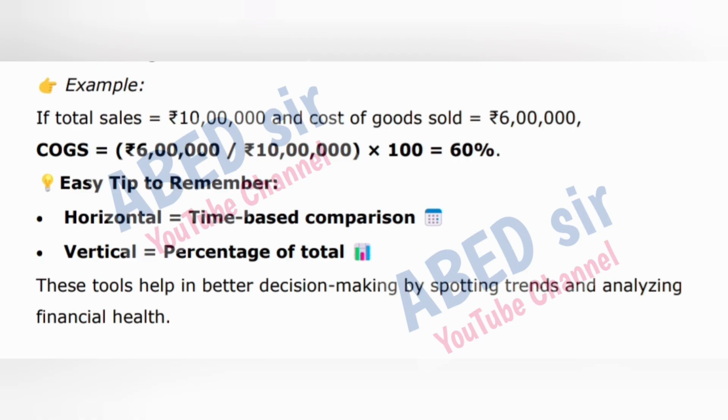Easy tip to remember. Horizontal is equal to time-based comparison. Vertical is equal to percentage of total. These tools help in better decision-making by spotting trends and analyzing financial health.